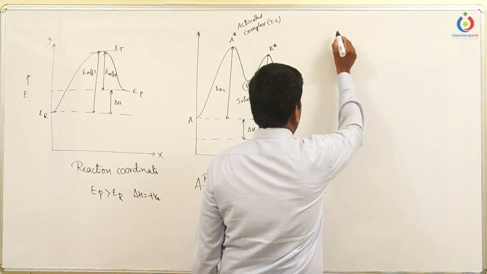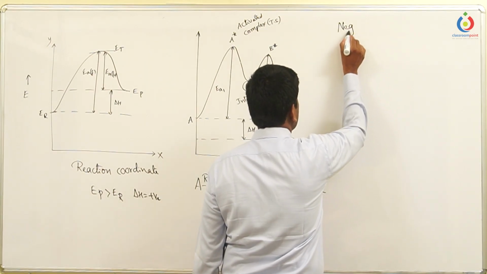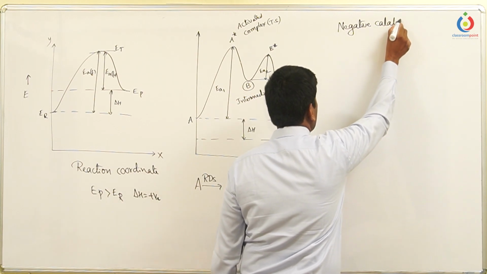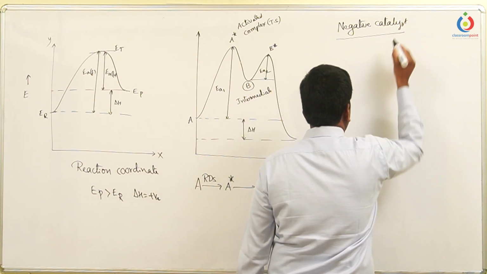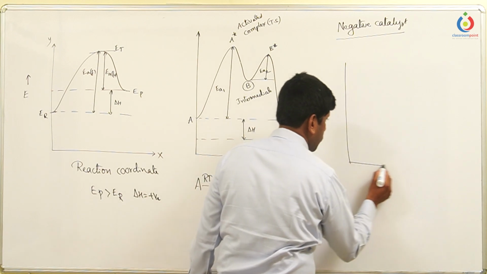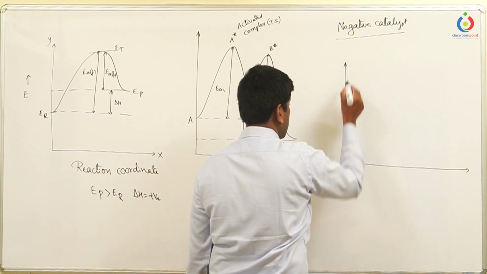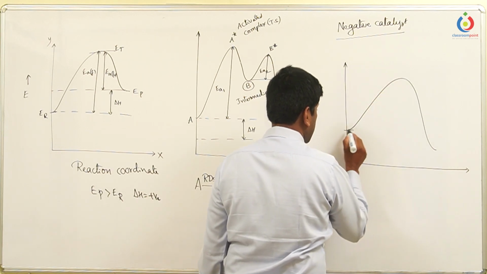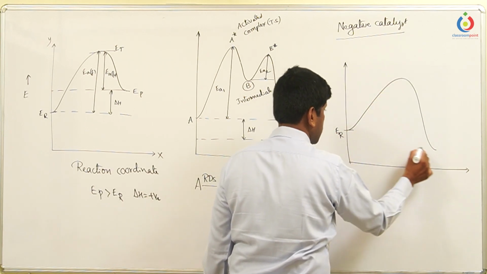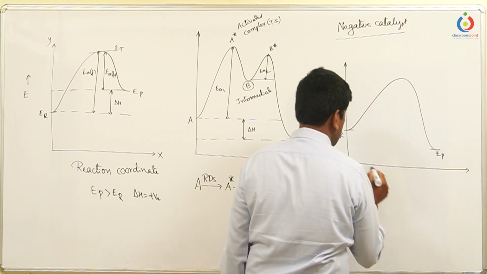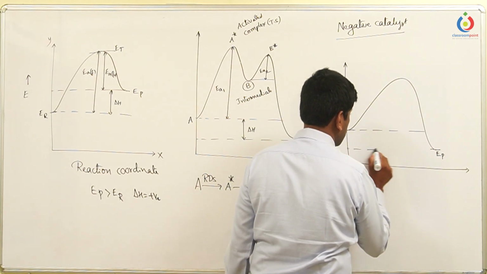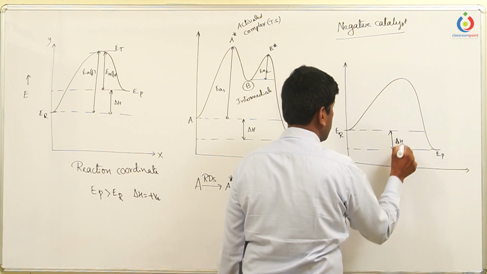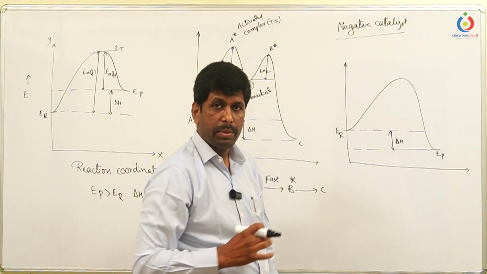Now let us discuss the negative catalyst. Let us take an energy profile diagram for the negative catalyst. Imagine for an exothermic reaction, the energy profile diagram is like this: energy of the reactants and energy of the products. The reaction goes in this path, and this is the delta H value. This is in the absence of the catalyst.